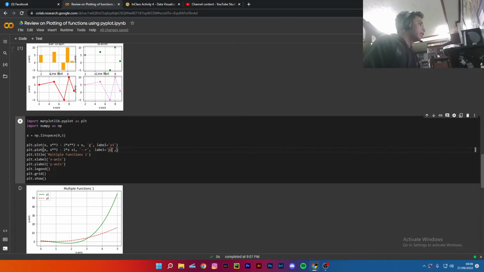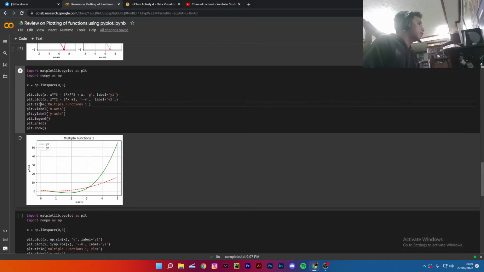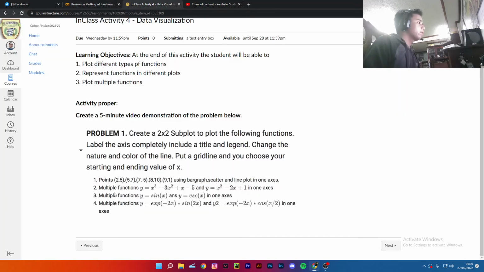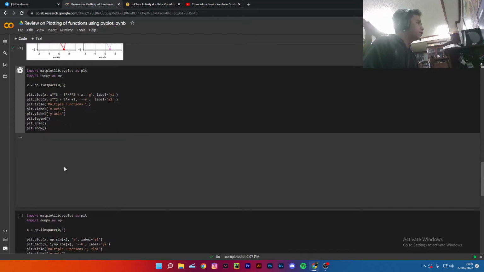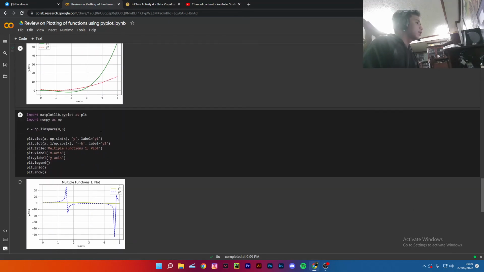So I labeled the first function y1 and y2, and the title would be multiple functions 1, x and y axis, plt.legend. This will show the legend of y1 and y2, to show which is which, and plt.show. So that's it. It would look like this.